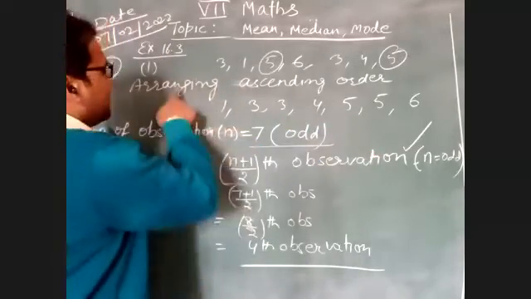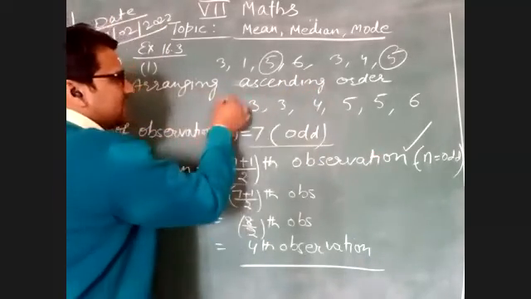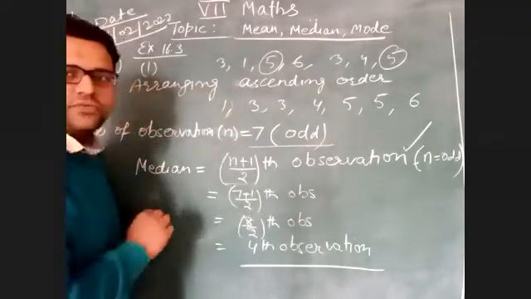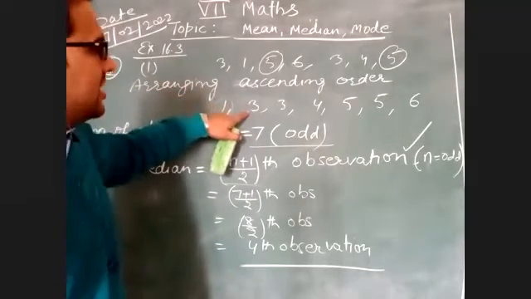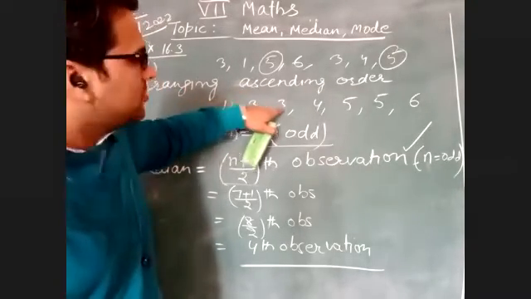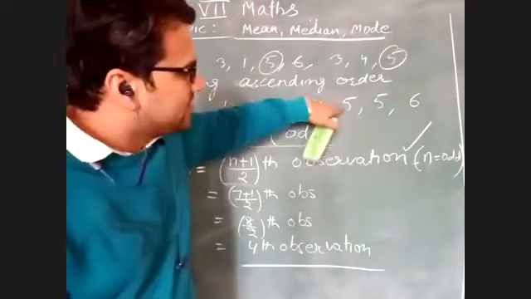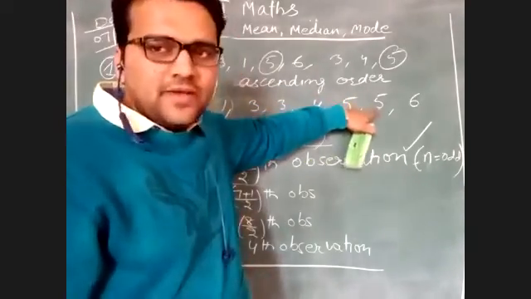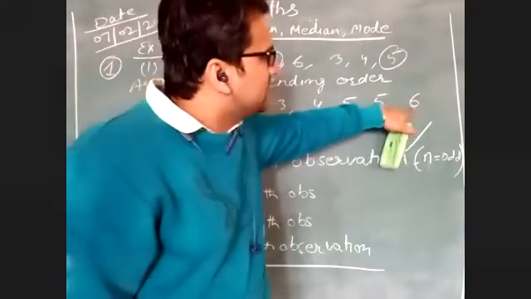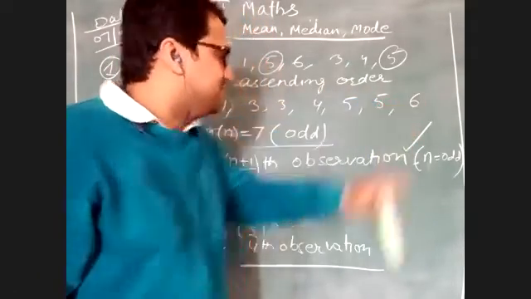After writing in ascending order, the first observation is 1, second observation is 3, third observation is also 3, fourth observation is 4, fifth observation is 5, sixth observation is 5, and the last, the seventh observation, is 6.